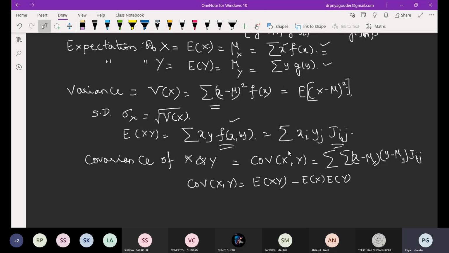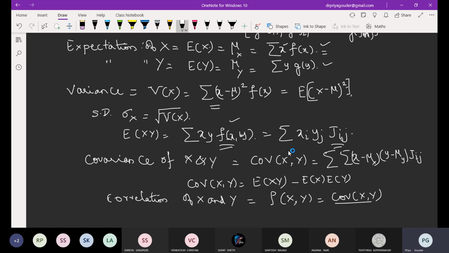Got it? The last one is correlation. You know how to take correlation between x and y. So here we are defining correlation of two variables. Correlation of x and y is denoted as rho of capital X comma capital Y. This is given by covariance of x comma y divided by sigma x sigma y.